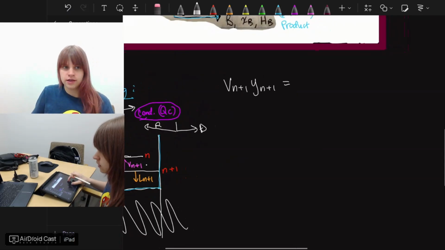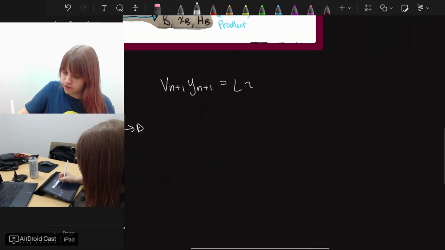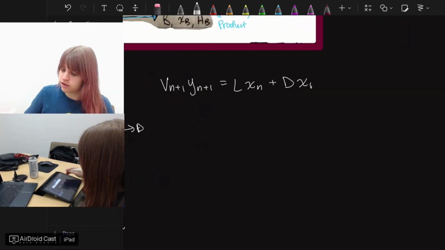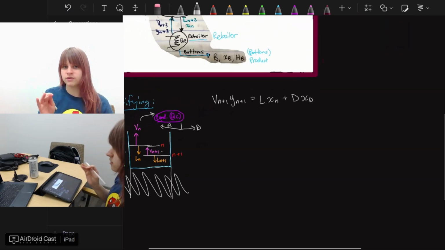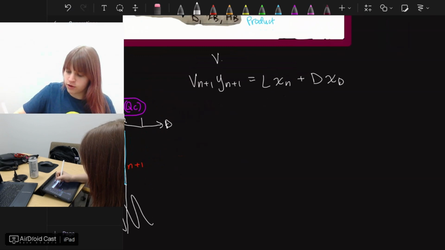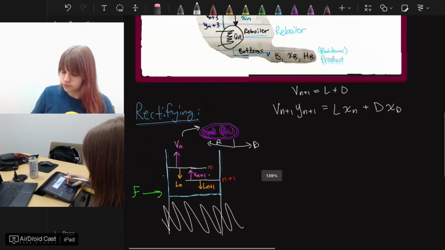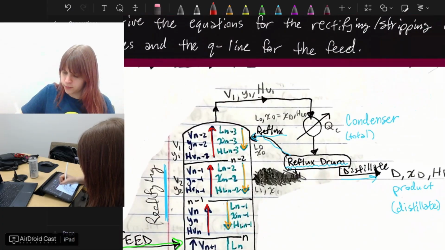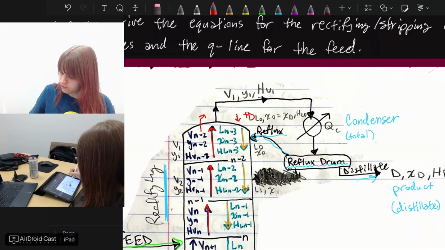And we set that equal to the liquid times the liquid composition plus the distillate times the distillate composition. Again, that's the composition of the more volatile component. And we also know in general that Vn+1 has to be equal to the liquid plus the distillate flow. If this was N+1 here, it is a combination of what's coming down plus the distillate that left already.